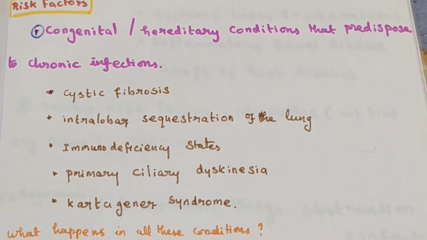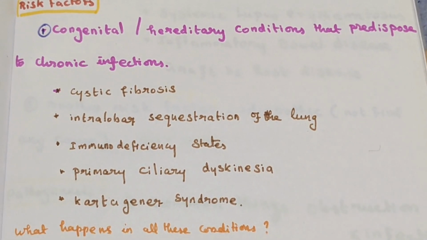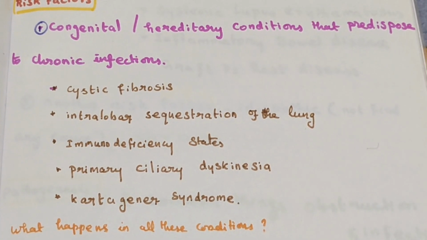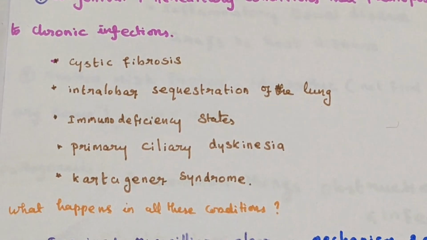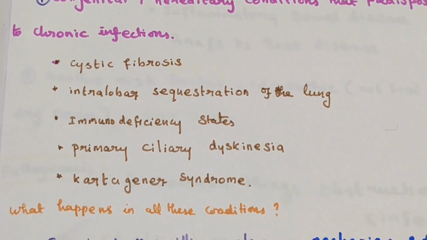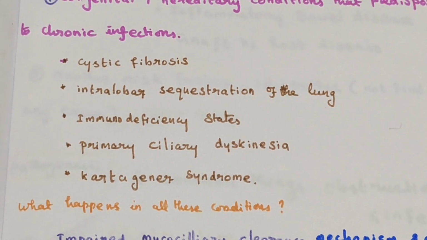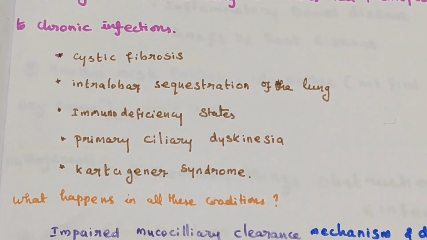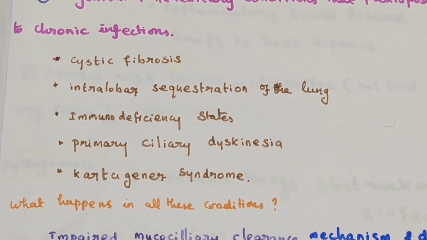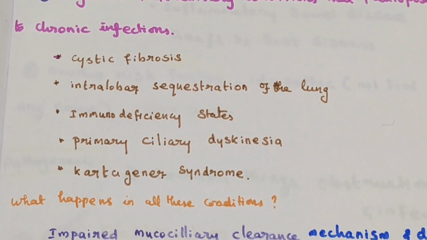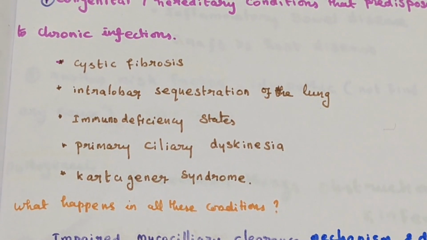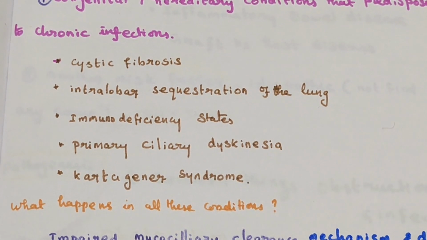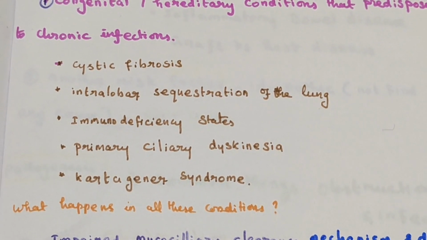intralobular sequestration of the lungs, various immunodeficiency states, primary ciliary dyskinesia, then Kartagener syndrome.